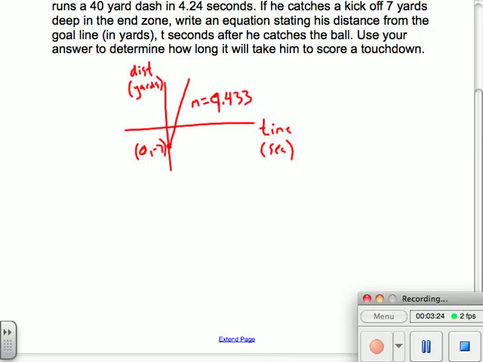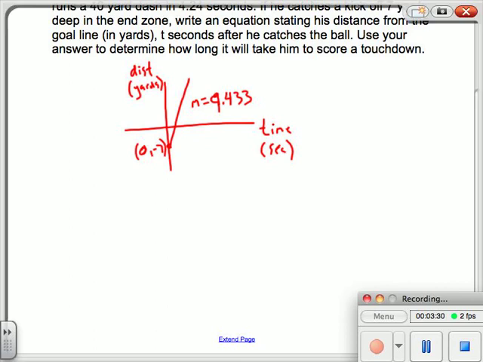Alright, so now we have a y-intercept and a slope, which makes it, I think, pretty easy to write the equation of a line. So I think we can write our line as y equals 9.433x minus 7. And our y, again, is going to be our distance in yards.